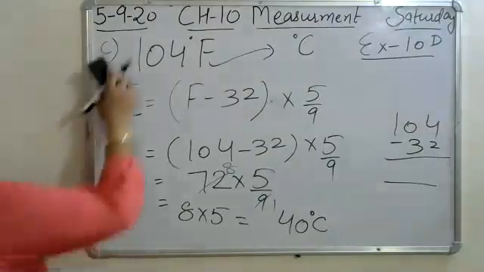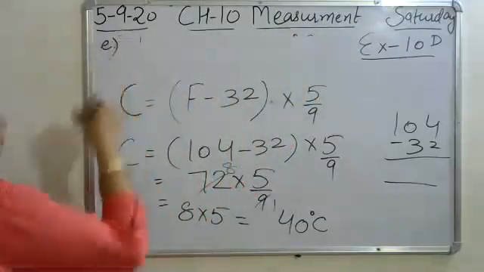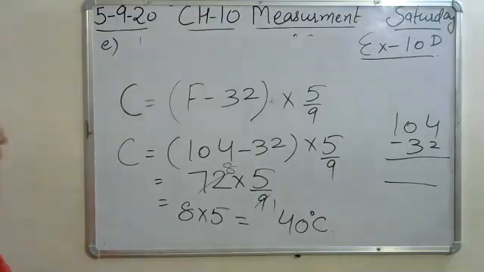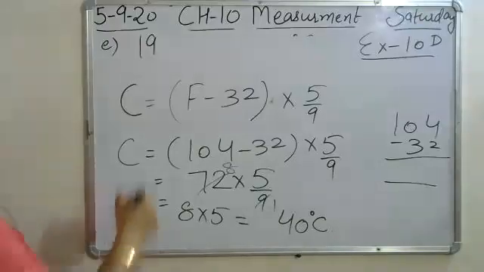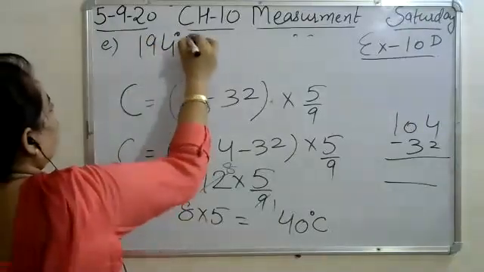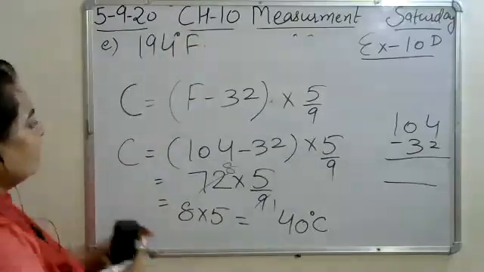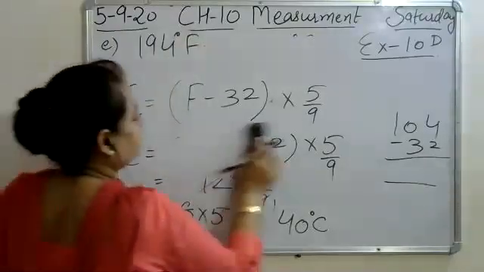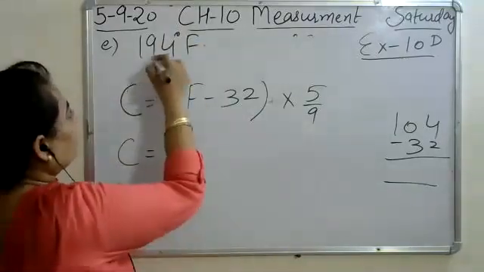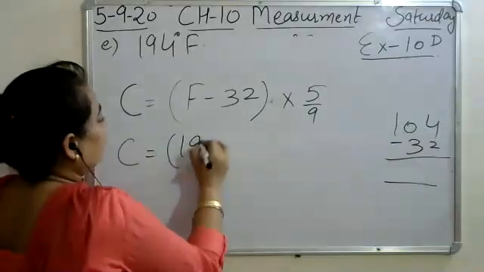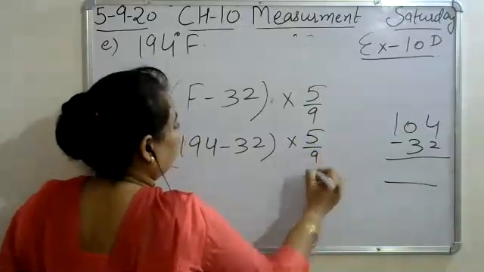After that, come to the E part. Write down and come to the E part. 194 degree Fahrenheit is given. Same formula, but in place of Fahrenheit, here you will write 194. So 194 minus 32 multiplied by 5 by 9.